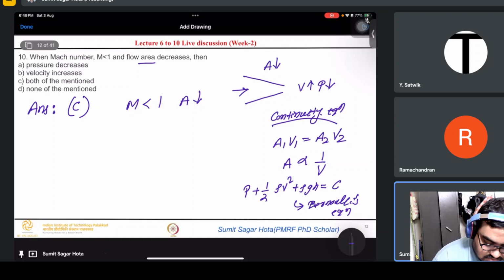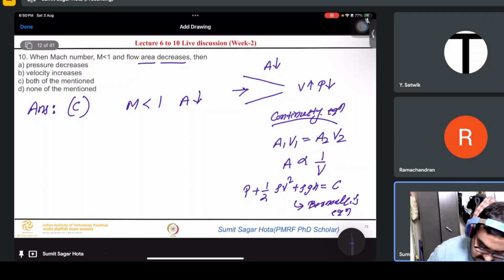Directly stagnation, all these things they won't ask. If they tell you the velocity is going so high that it tends to infinite or something like that, in those cases you may choose the stagnation pressure option. Okay, so that's the idea.